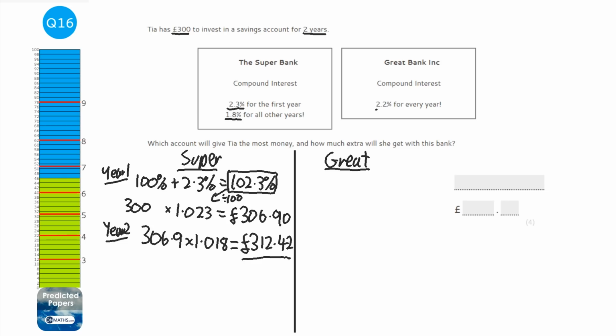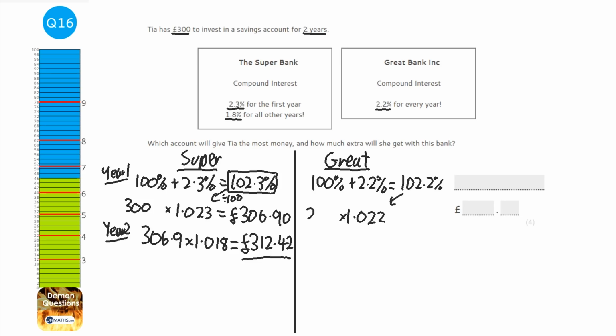Now the Great Bank's a bit easier because it's just going to stay at 2.2. So let's work out as a multiplier. 100% plus 2.2% equals 102.2%, and then as a multiplier that is 1.022 by dividing it by 100. So we're going to times that £300 by 1.022, so 300 times 1.022, and I get £306.60.